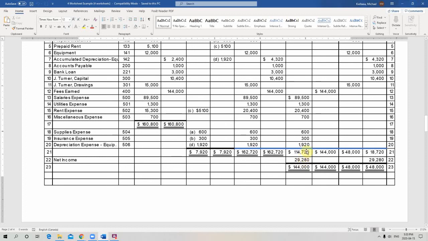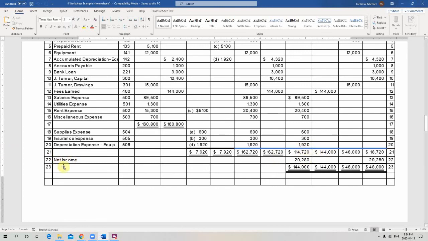In this case, our revenues were $144,000. Our expenses were $114,720. So our revenue is greater than our expenses, which means we had a net income.